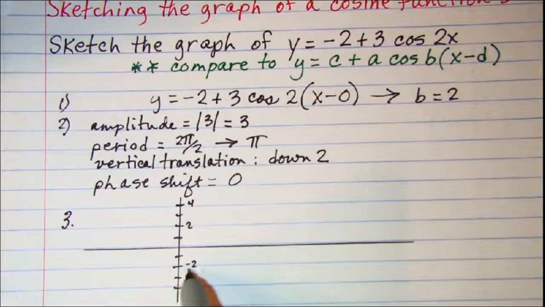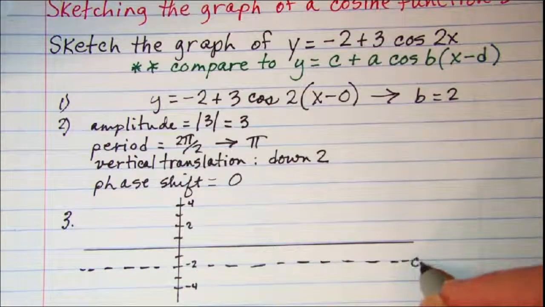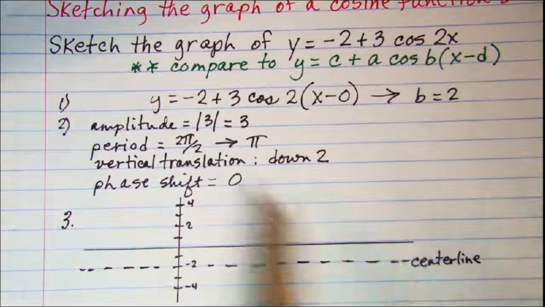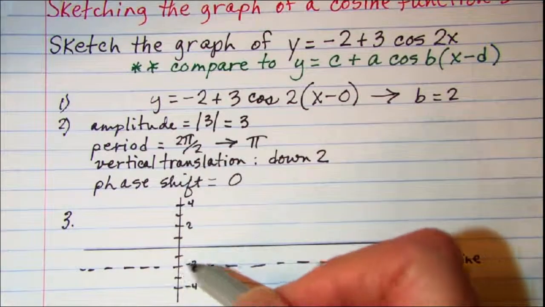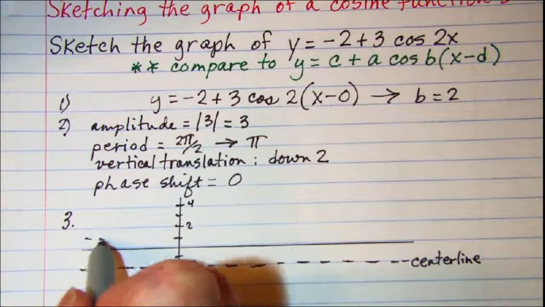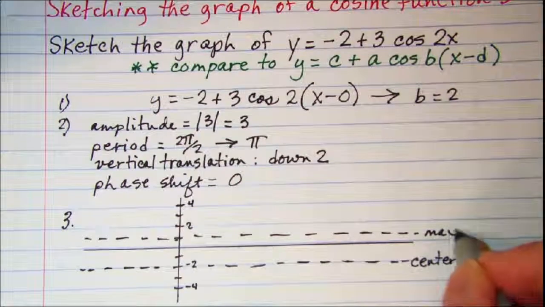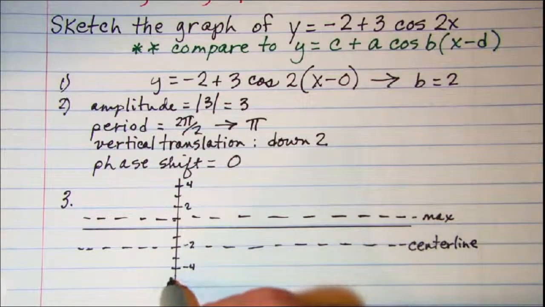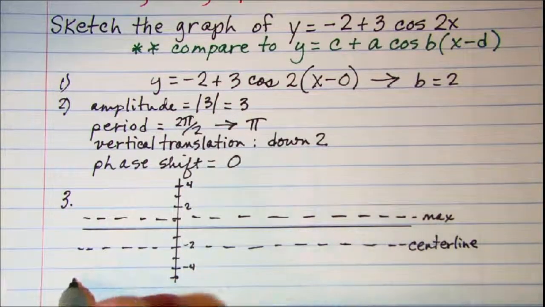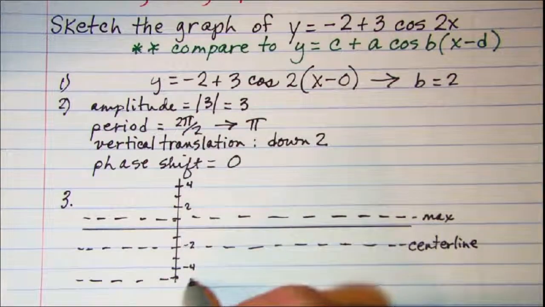My center line then is going to be at -2. Then my amplitude is 3, so that means -2 plus 3 puts a maximum at 1. And my minimum, -2 minus 3, is going to put a minimum at -5.